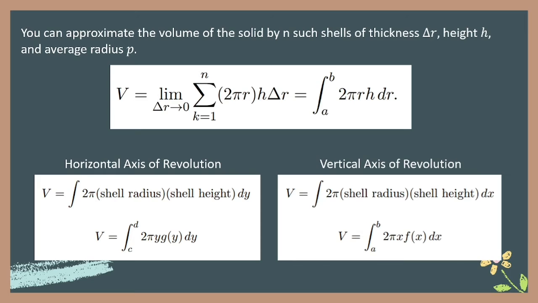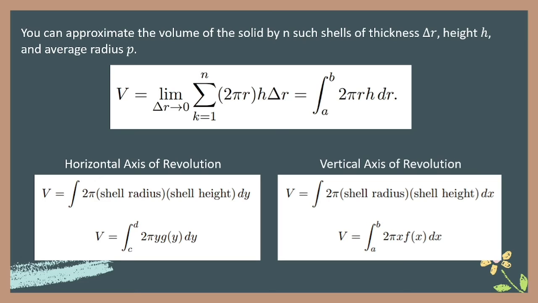For a horizontal axis of revolution, we have V equal to the integral from c to d of 2 pi y g of y dy. Here, y is the shell radius or the average radius of the shell, and g of y is the shell height, with respect to the y-axis, so dy.